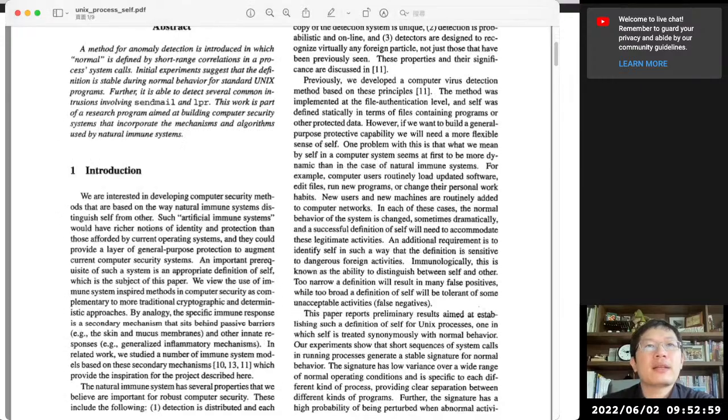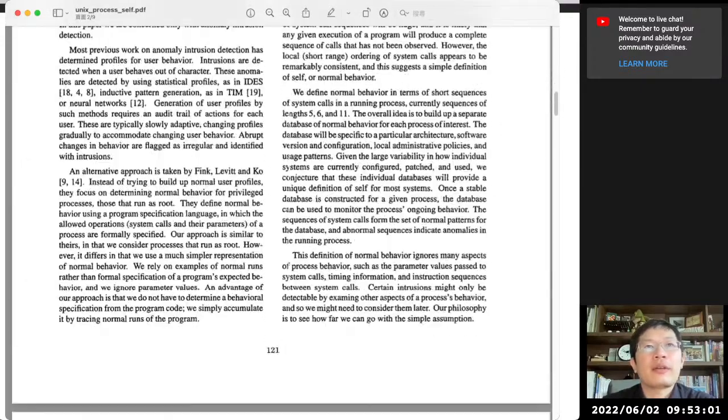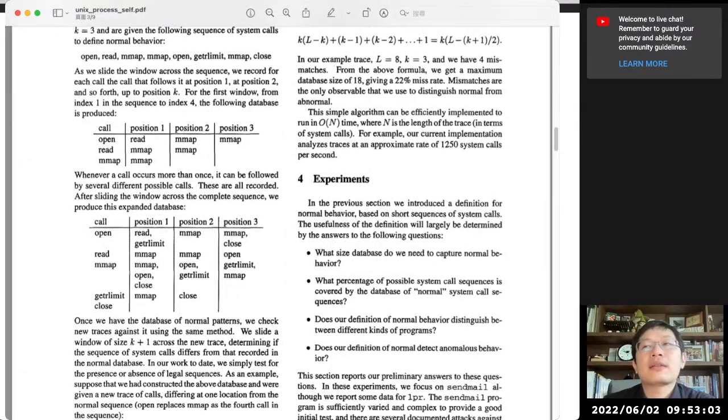Basically in this very interesting paper, they collect the system call sequences made by certain applications. Of course, in the first place they collect a lot of normal programs and the normal system calls issued by those normal programs.